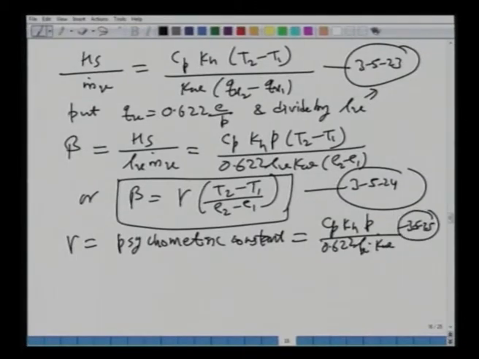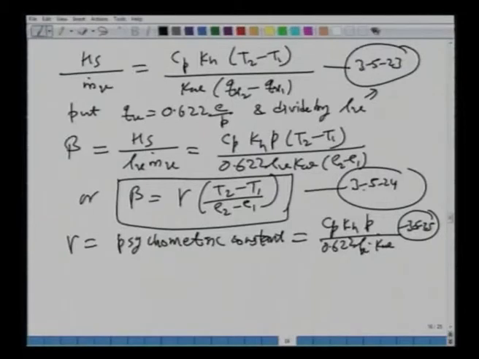Okay. So, what have we done so far in the combined aerodynamic energy balance method? The only thing we have done is we have taken care of the sensible heat H s. All right. We have said that in the energy balance method we ignored it, and we said that we can take that equal to 0, but in many practical situations you cannot ignore the H s. All right.